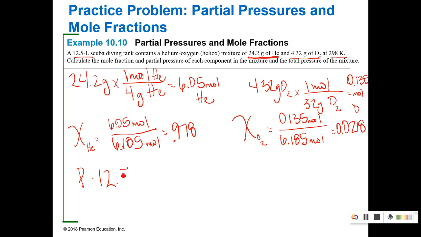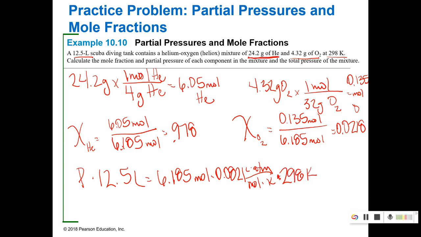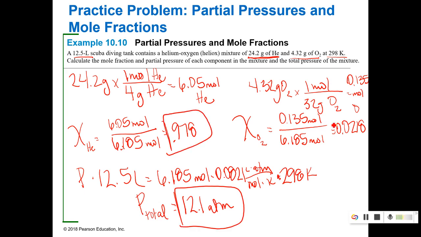So P times 12.5 liters is equal to the total moles of 6.185 times 0.0821 times 298. I get the total pressure is 12.1 atmospheres. So at that point, I'm going to go ahead and box these in.